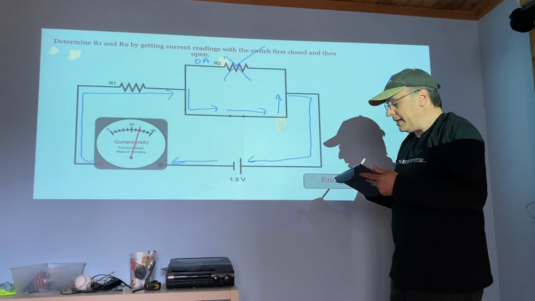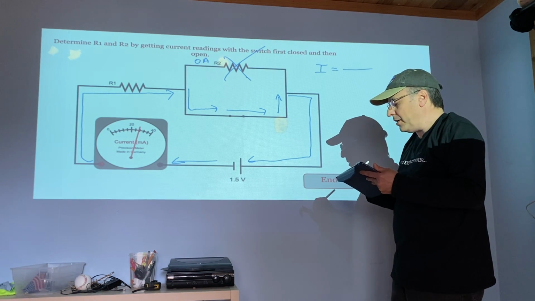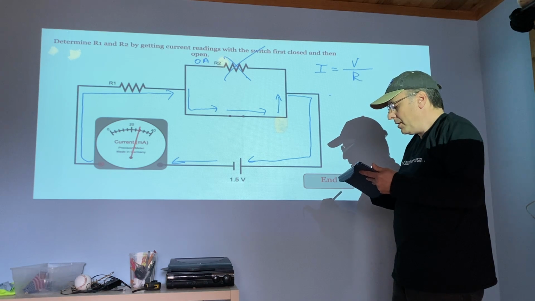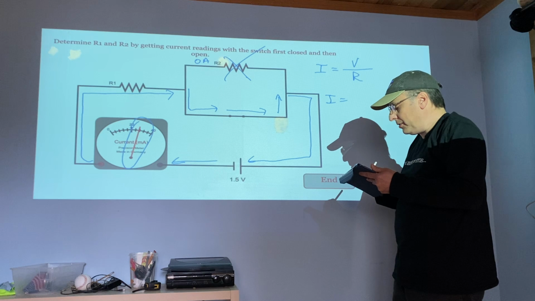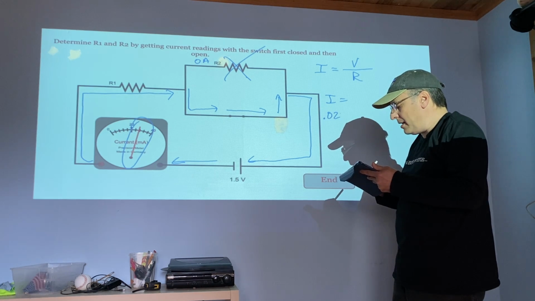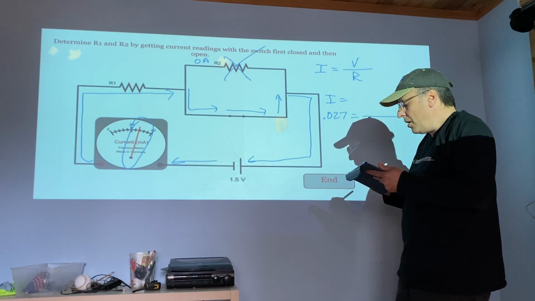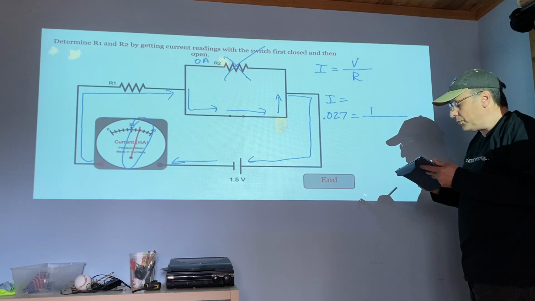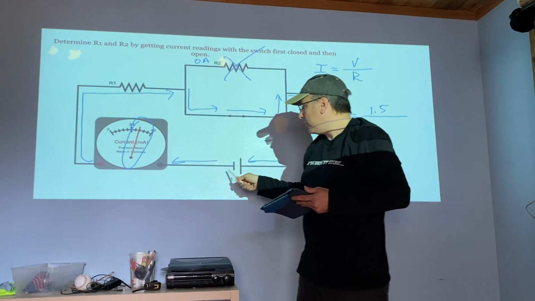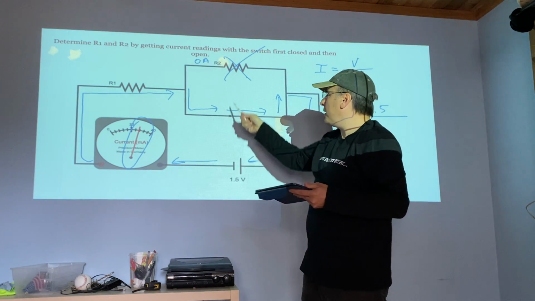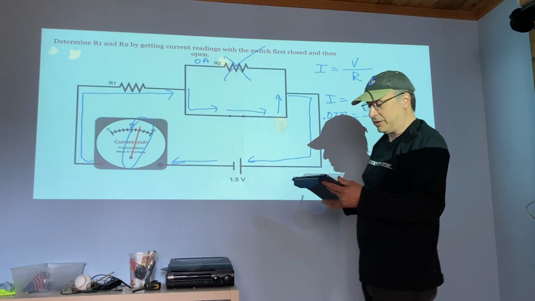So now it's real easy. We can do I equals V over R. The I is our value here, which is around 28, a little less. Our voltage we're going to use is 1.5 because this resistor gets the entire voltage. There are no other active resistors.